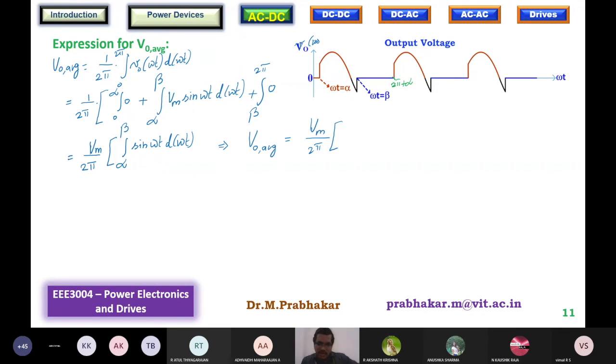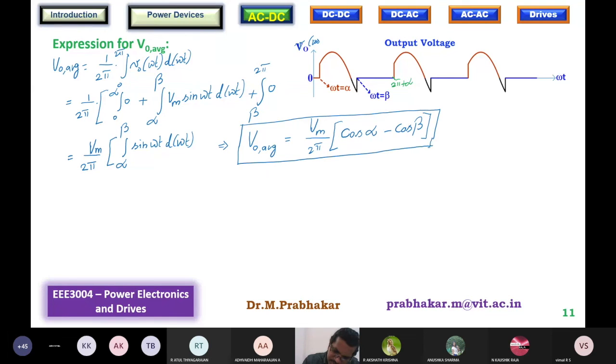Therefore, you will get cos alpha minus cos beta, after you carry out the integration and substitute the limits. This is how the output voltage expression is varied.